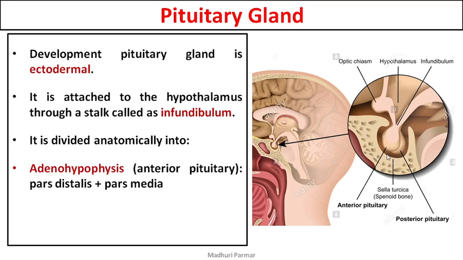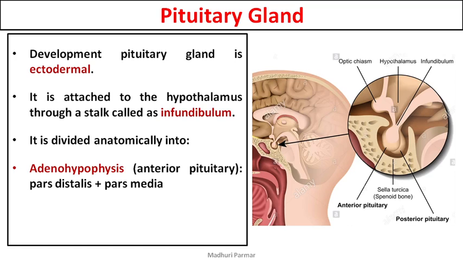This pituitary is anatomically divided into adenohypophysis or anterior pituitary. Now, when we look at different mammals, mammals have 3 lobes in their pituitary. They are referred to as pars distalis, pars media, and pars nervosa. However, pars media, which is the middle lobe, is almost fused with our anterior lobe.